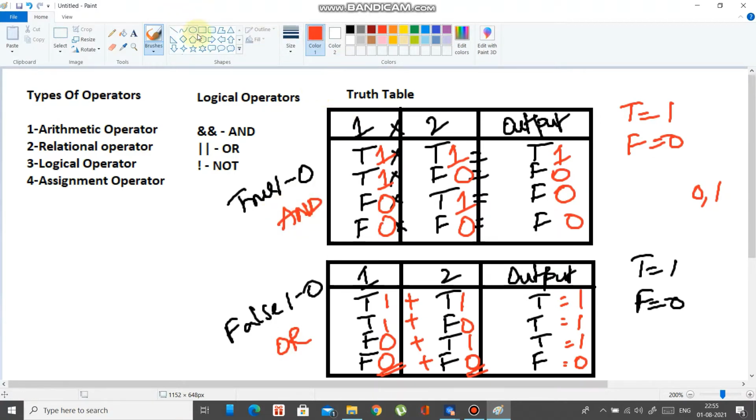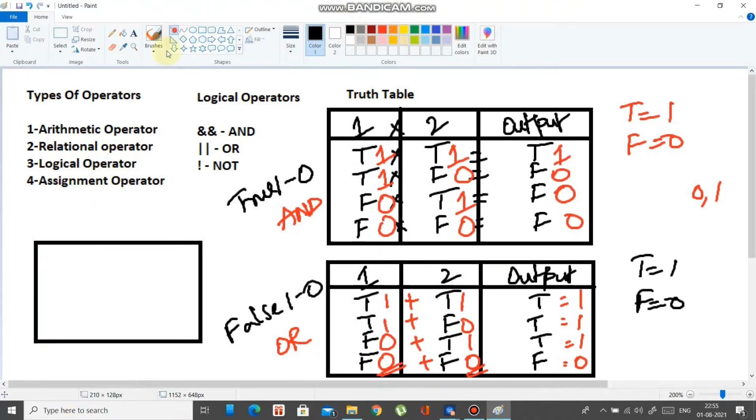Now let's talk about the NOT operator. NOT is nothing but a negation operator. Means if the input is true, the output will be false. If the input is false, then the output will be true.